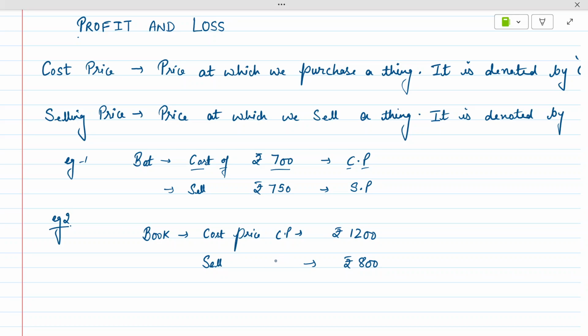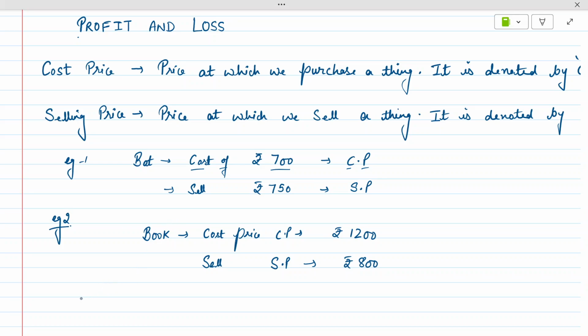So my selling price of the book will be 800 here. CP is the cost price at which I bought this book, rupees 1200, and SP is the selling price, the price at which I have sold this book, rupees 800 in this case. So this is the cost price and selling price concept.